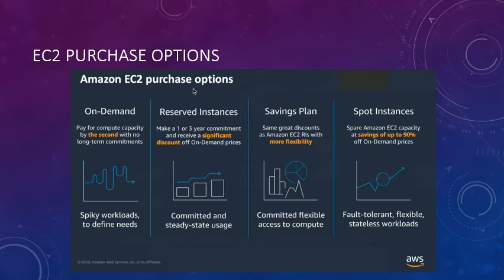So for example, if I know that I'm going to get more demand for my service on a particular day, I might use spot instances to satisfy that demand, so that I pay less money for the increased demand than I would normally, things like that.